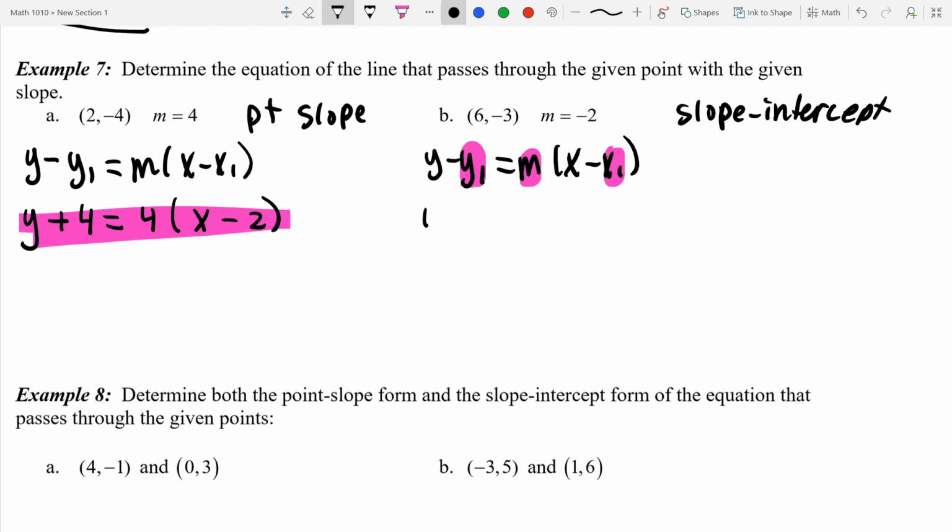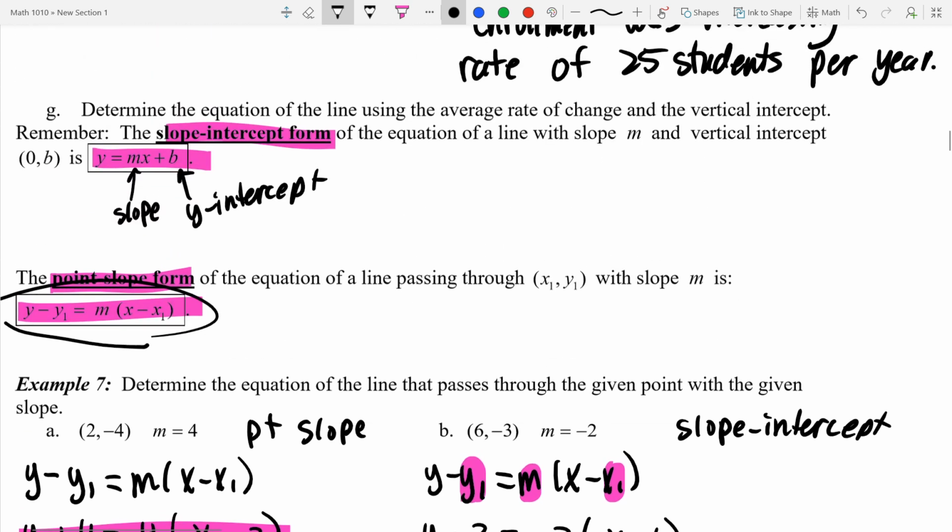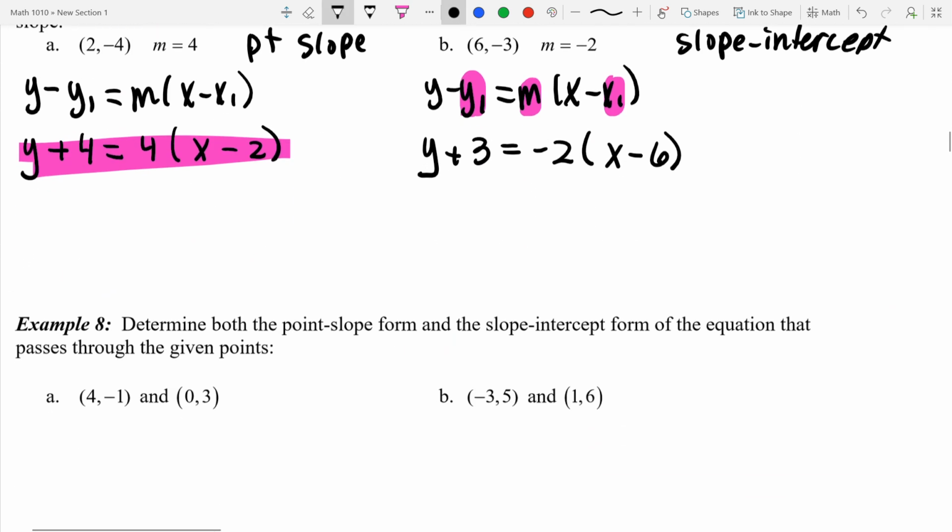So it's going to be y minus a negative 3. Minus a negative 3 is a plus 3. Is equal to the slope, which is negative 2, times x minus the x value, which is 6. Now, that's point slope form. They asked me for slope-intercept form. It's solved for y, so now I have to solve this for y.